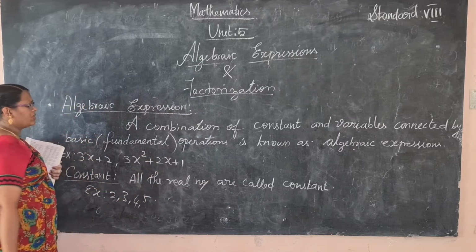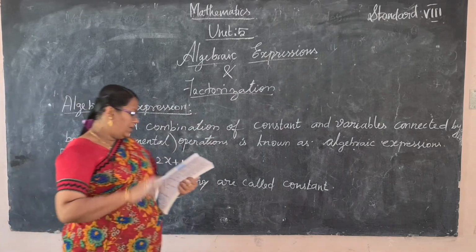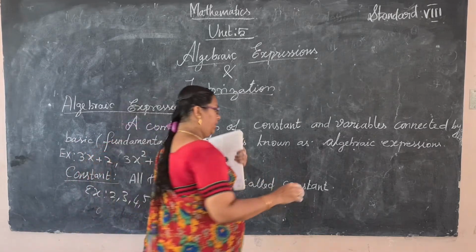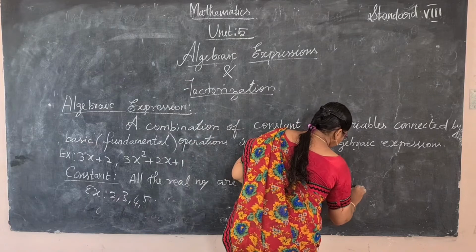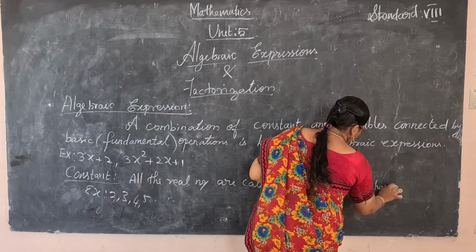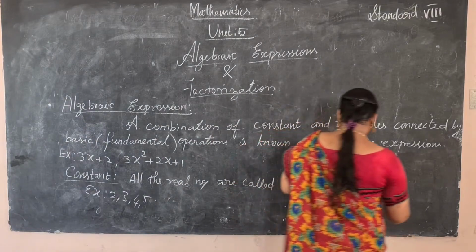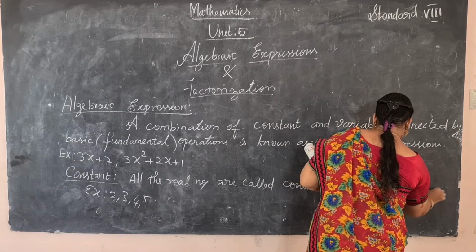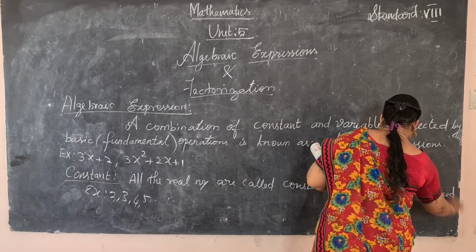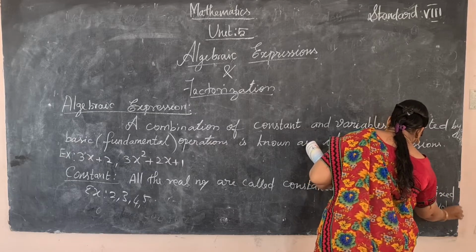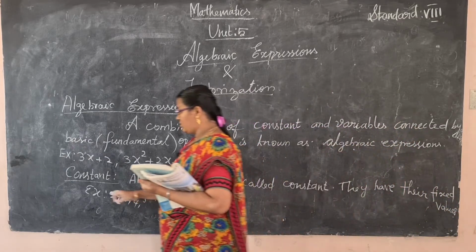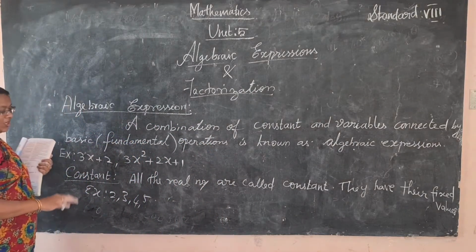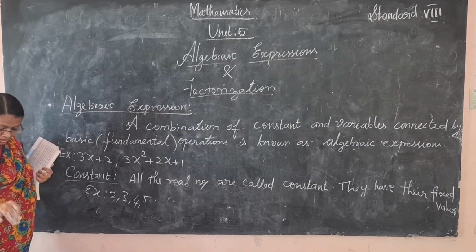These are constants. Constants mean they have their fixed values. They do not change. 2 means the numerical value is 2, 3 means 3.